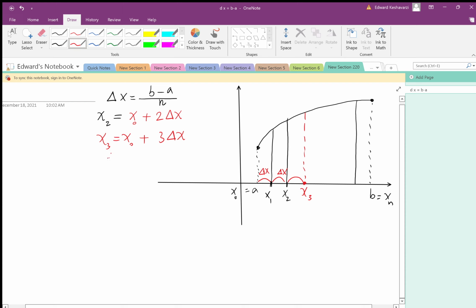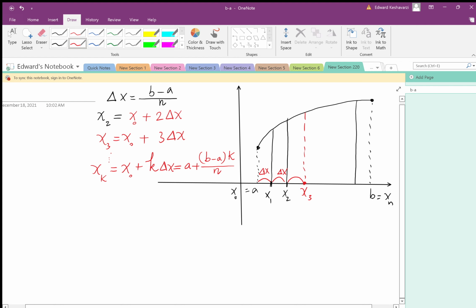If you look at this pattern, we can say in general xk equals x0 plus k delta x. And since delta x is b minus a over n and x0 is a, you can write it as a plus b minus a times k over n.